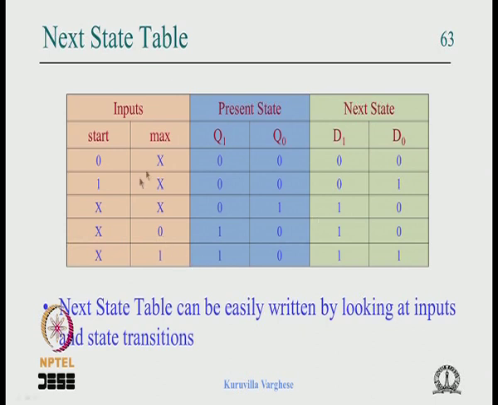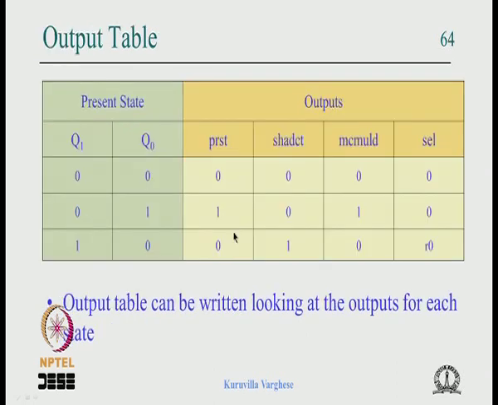Nowadays in real life there is no need to write a next state table or an output table. So this is the output table, a function of the present state. If it is 00, then you know all the outputs are 0. In 01, reset and load are 1, and in 10 the shift signal is 1 and select is R0.